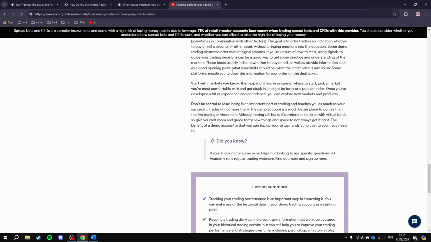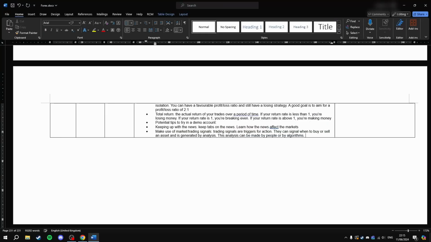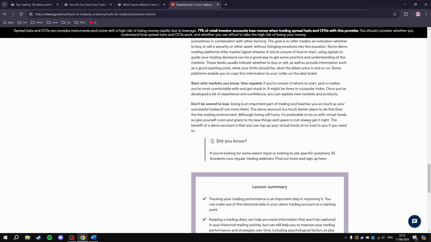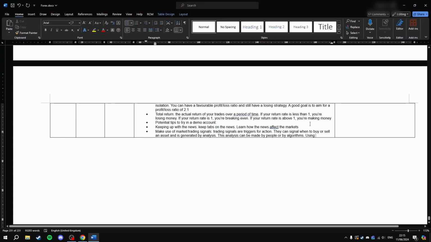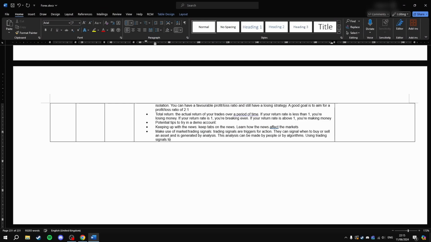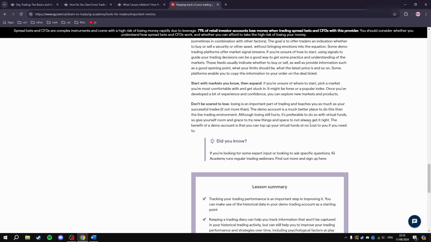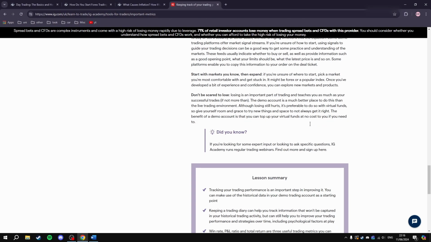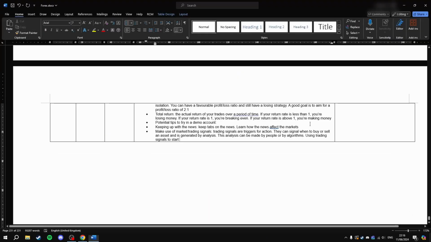Some platforms enable you to copy this information to your order on the deal ticket. Using trading signals to guide your trading decisions can be a good way to start.